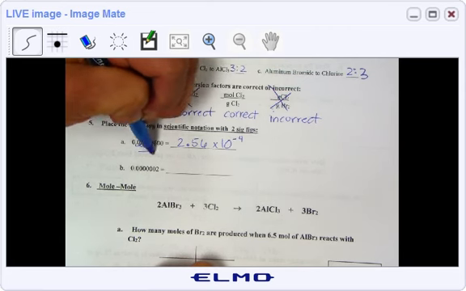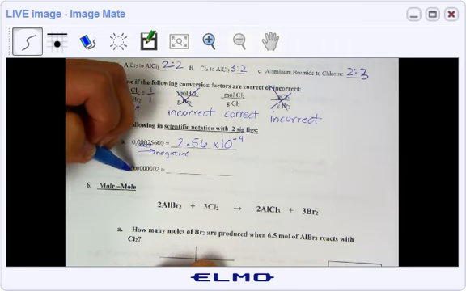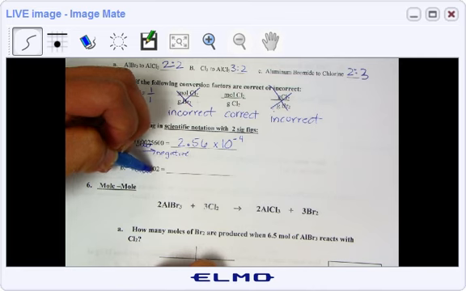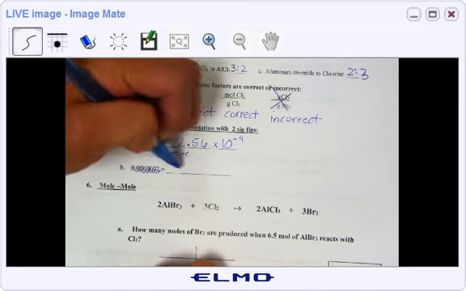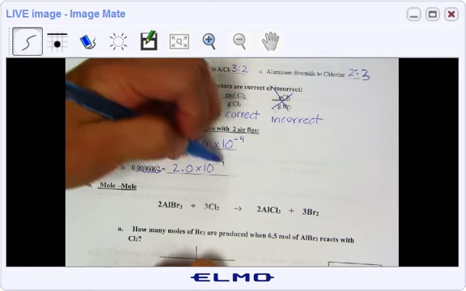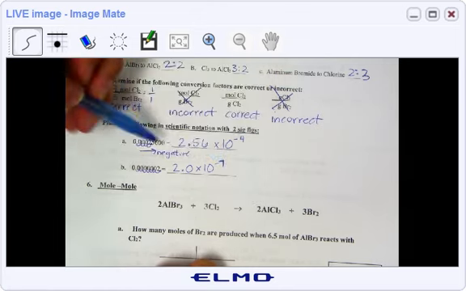Because I went this way, it's a negative. B. 1, 2, 3, 4, 5, 6, 7. 2.0 times 10 to the negative 7. That is scientific notation.